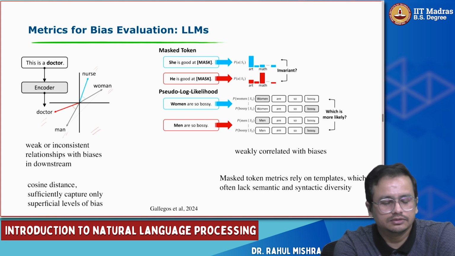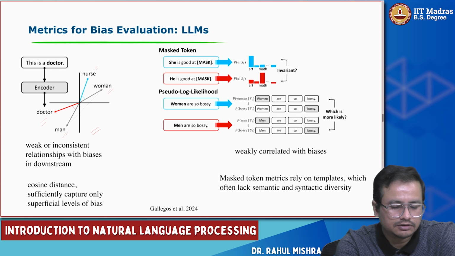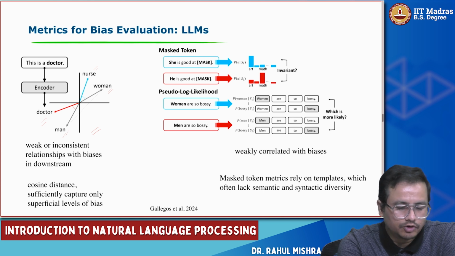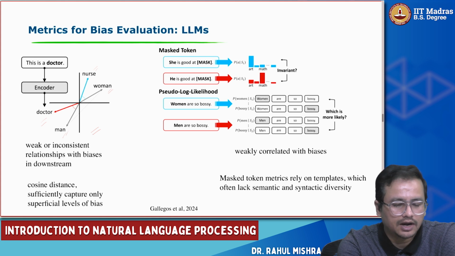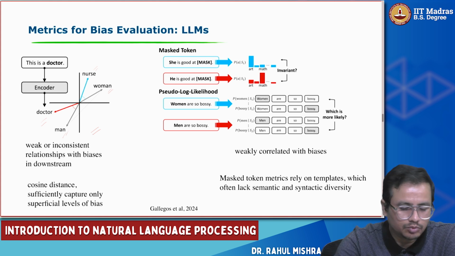Let's say we want to debias it for gender, right? So we need to debias for a gender specific thing. For a doctor, we need to tune it in a way that the cosine similarity or the distance between man and doctor and woman and doctor should be the same, and nurse and man and nurse and woman should be the same, right? So this is what we want to do.